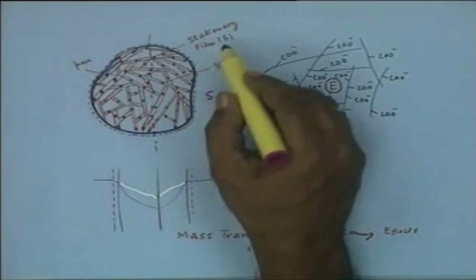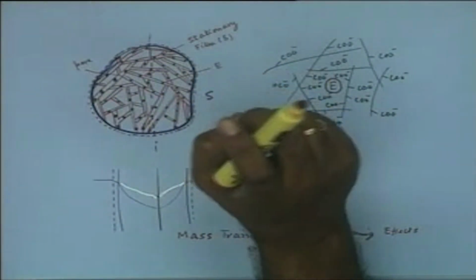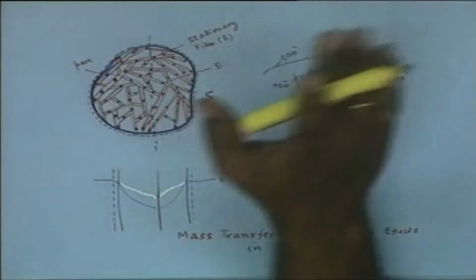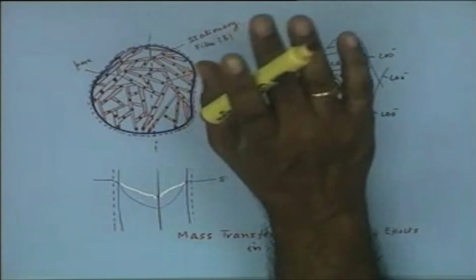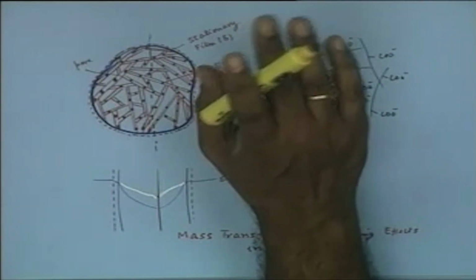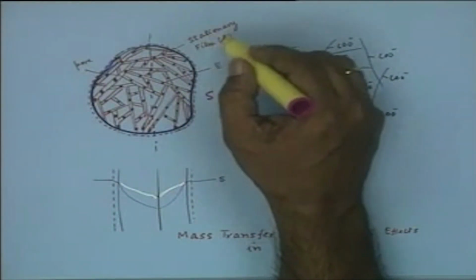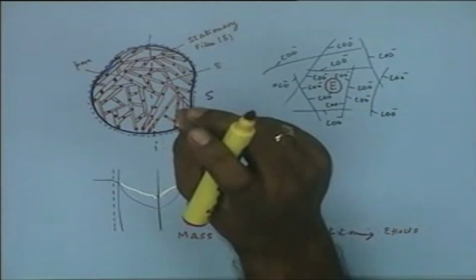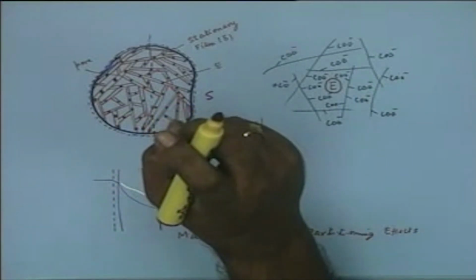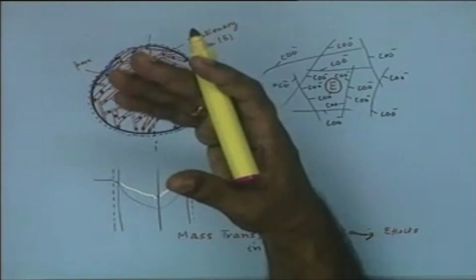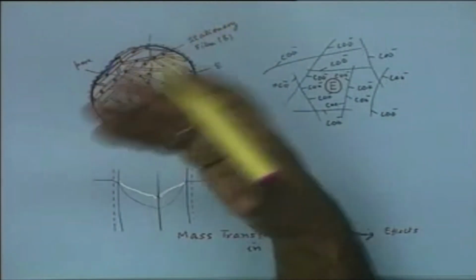Now this film may have a thickness delta, on the basis of the physical properties of the substrate molecule and the carrier particle. The thickness of the stationary film can be reduced by changing the flow properties in the reactor stream, as we will see further.